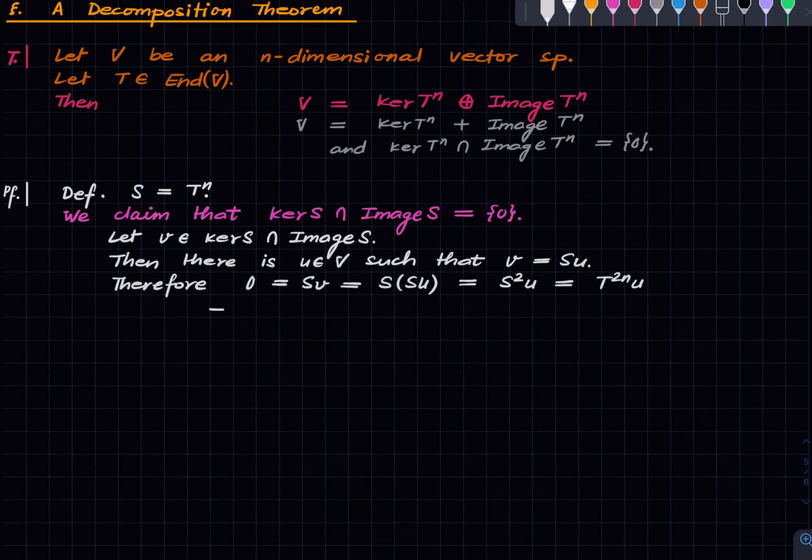Okay, which implies that 0 is this thing, meaning u is in the kernel of T to the 2n, but kernel of T to the 2n is kernel of T to the n by what we saw in the previous slide.